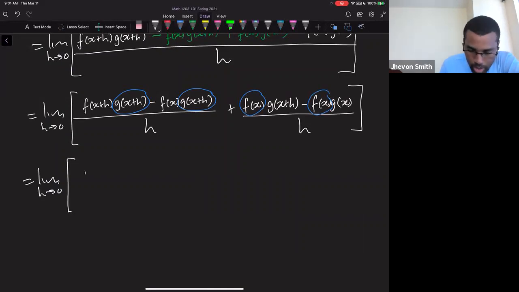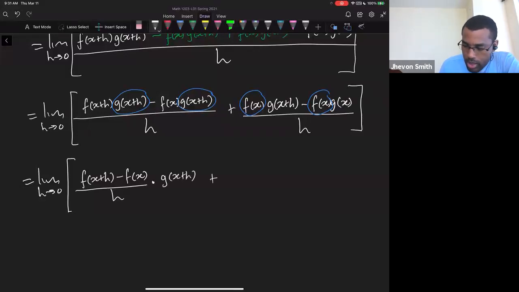So what I'm going to do is take this one and factor off the g of x plus h. Plus, now I can factor off the f of x. And here I have g of x plus h minus g of x all over h.